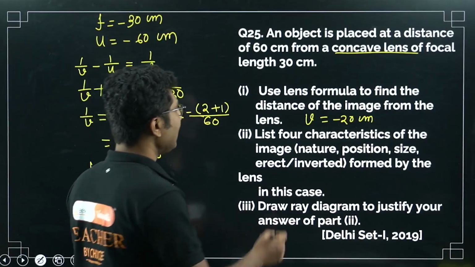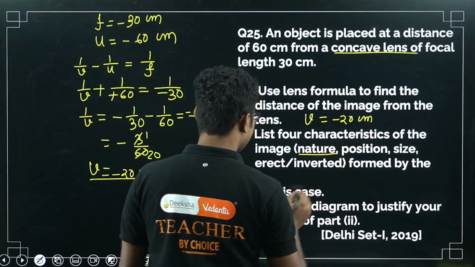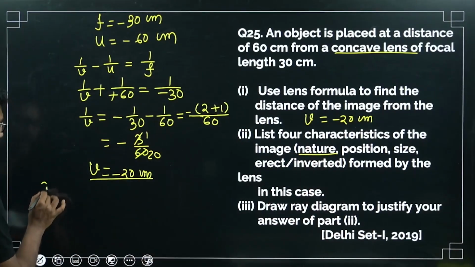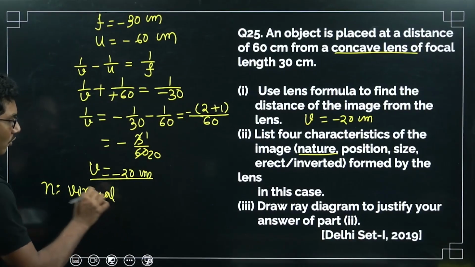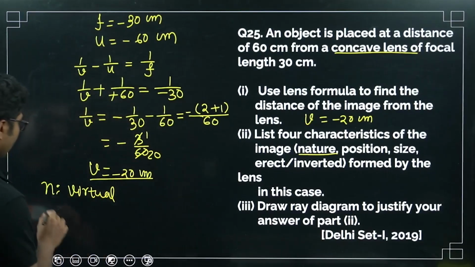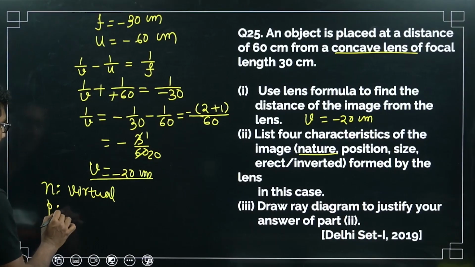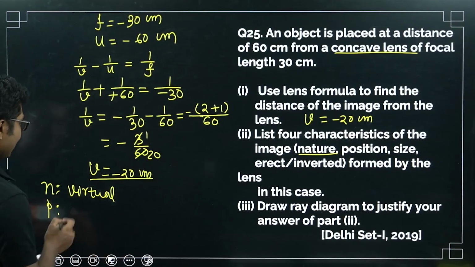So first of all, nature is virtual. 4 characteristics they have asked. Next is position. Even though position is not a characteristic, you can mention it is on the same side.